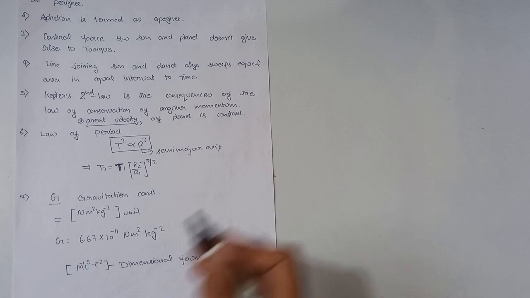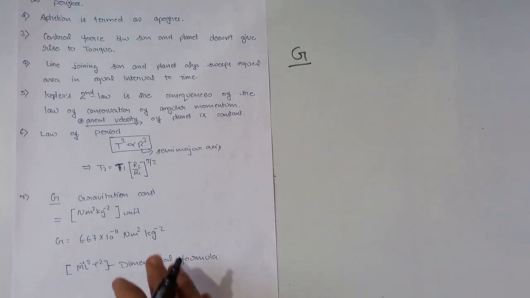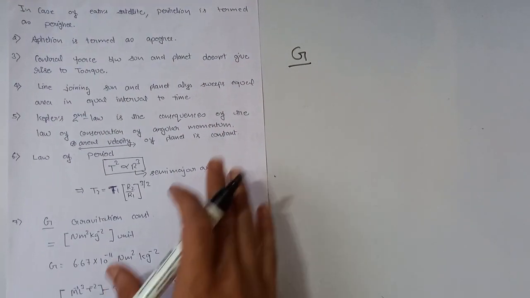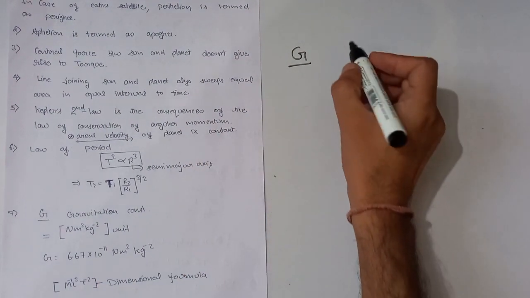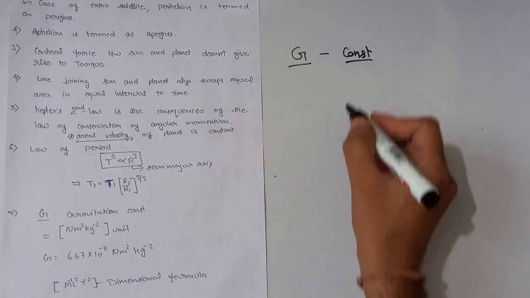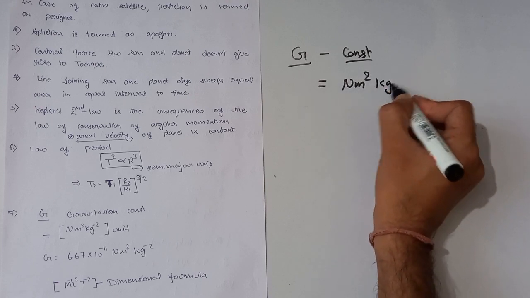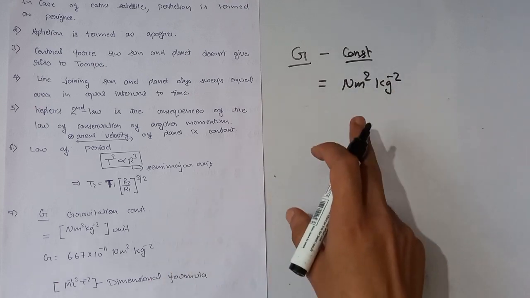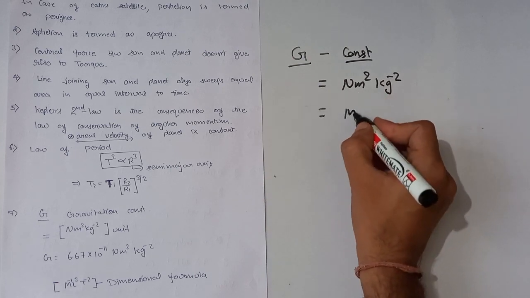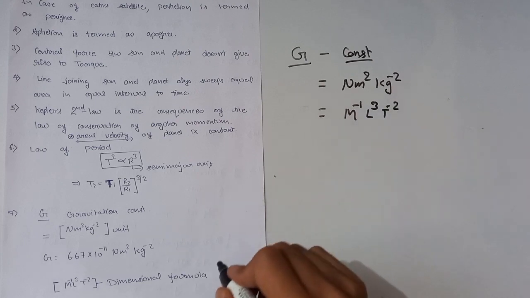Our next important key point is this capital G. What is this capital G? As it's the name of this chapter, this unit is gravitation. Capital G is the constant of gravitation, and its unit is Newton meter square kg minus 2, and its dimensional formula is M inverse L cube T minus 2.